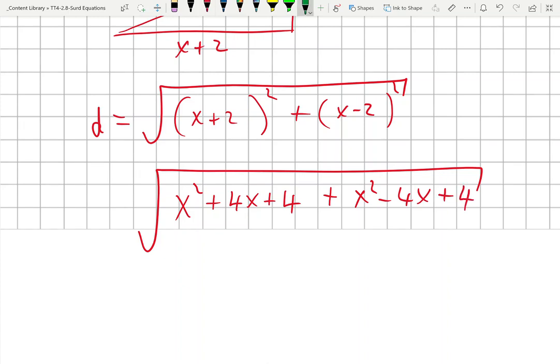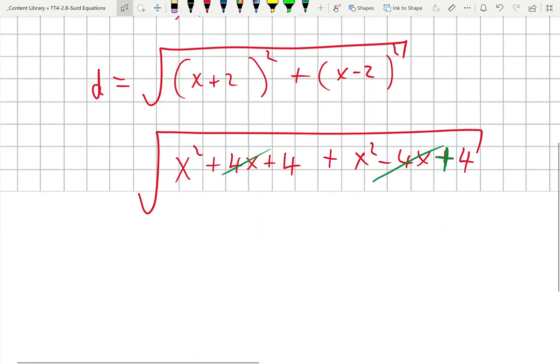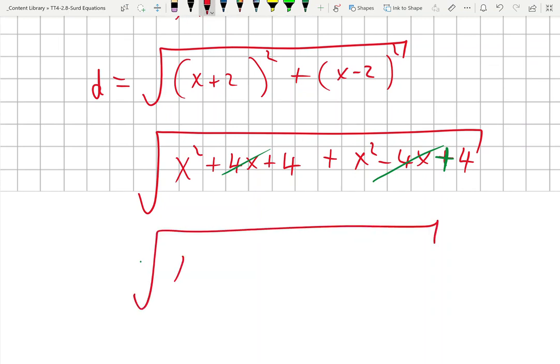Very careful on that last plus. Okay, go for cancellations and then double up on the x squareds and the 2 4s.